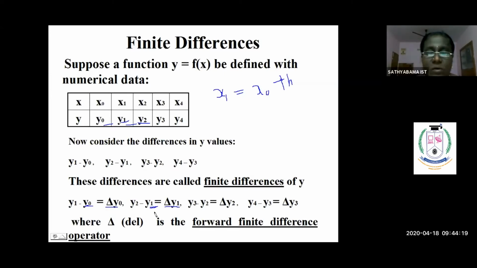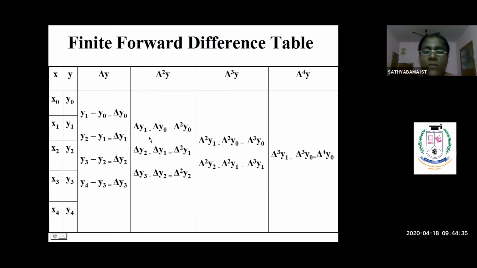And del is called the forward finite difference operator. The same way, I can find the difference of the differences, that is del y1 minus del y0. That we call second order forward differences. See the table here. I have constructed a table called the finite forward difference table. In this table, I have tabulated the x values and y values as the first two columns.